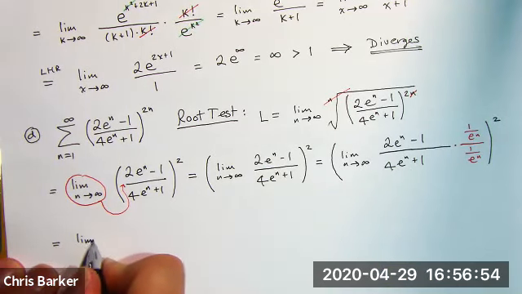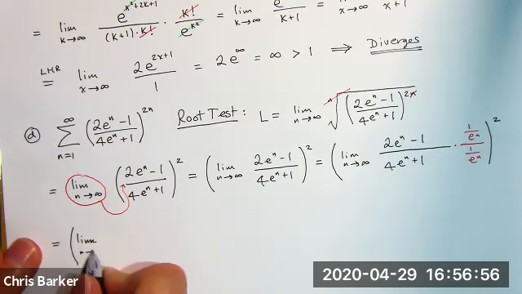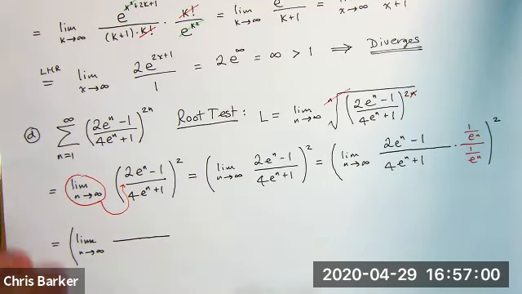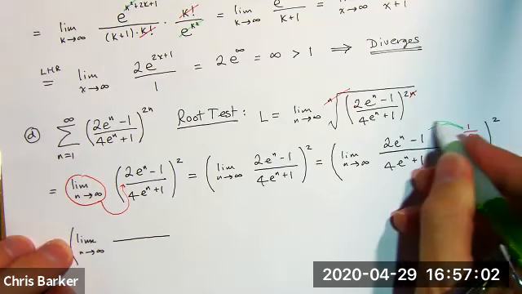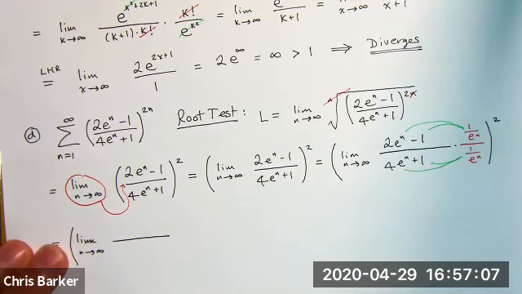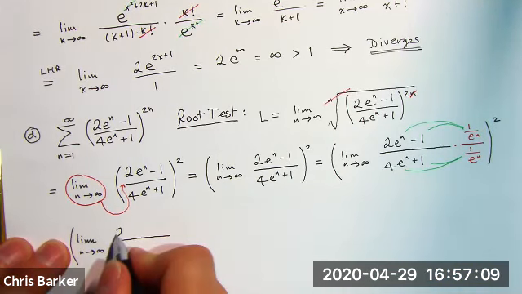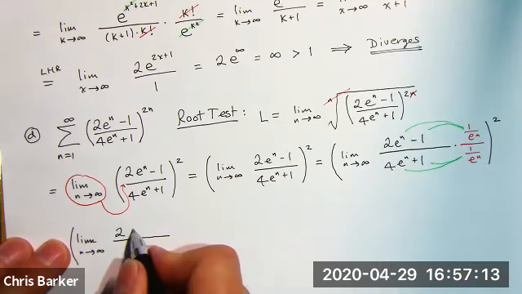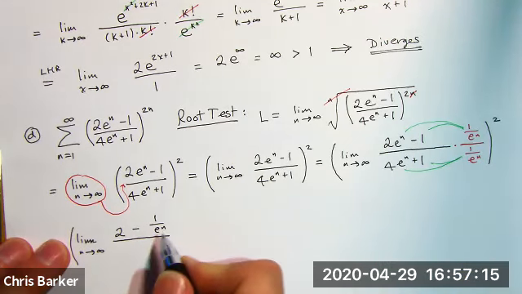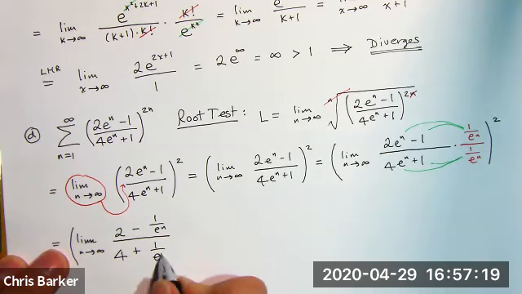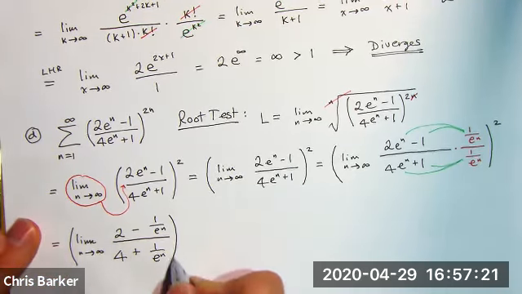So we have the limit as n goes to infinity of, don't forget you're distributing this onto both terms in the top and both terms on the bottom. We get 2, because 2e^n times 1 over e^n just cancels to 2, minus 1 over e^n. And on the bottom, we get 4 plus 1 over e^n, all squared.